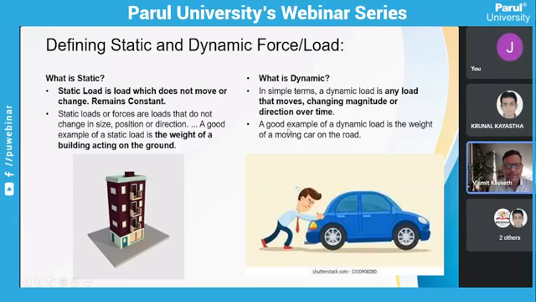Whereas the dynamic part, as you can understand from the name itself, means changes or movement in something. If we apply a load to anything that changes its magnitude or its direction, like a person moving this car, or a pendulum moving, where we apply force once, it's a dynamic load or force.